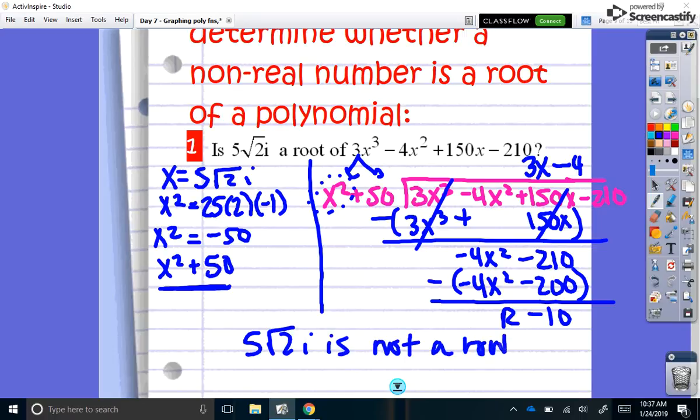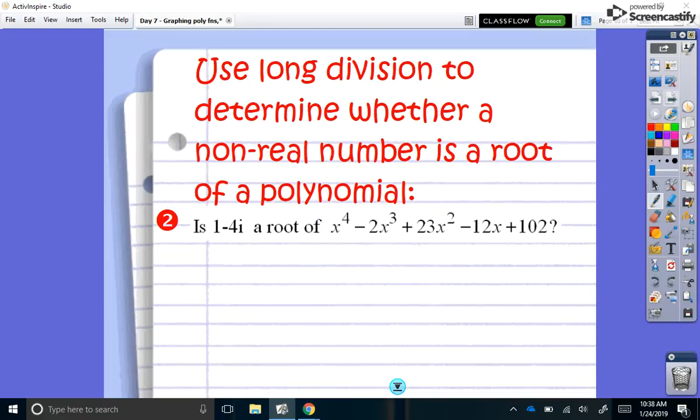If I asked you why, which I will on the test, you will say there's a remainder of negative 10. If it was a root, the remainder would be 0. So pause the video, try this one on your own, doing the exact same thing we did on the last slide.